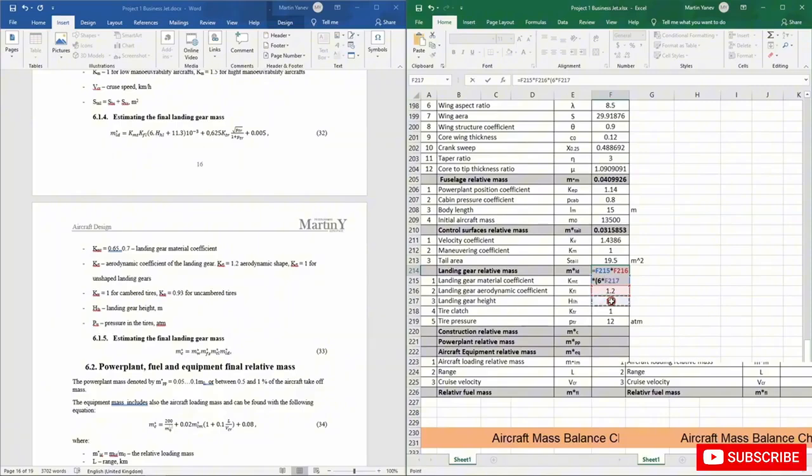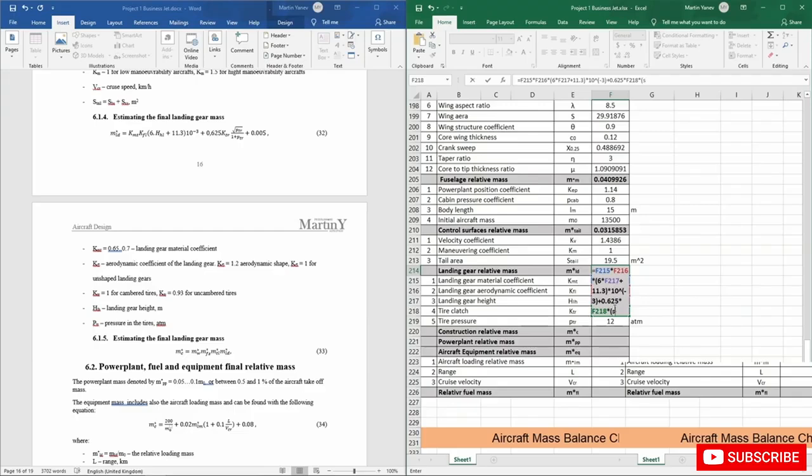So I will simply multiply this plus 11.3, and this will be multiplied by 10 to the minus third, and then plus 0.625 multiplied by KTR, multiplied by bracket, and here we will take the square root of the PTR.